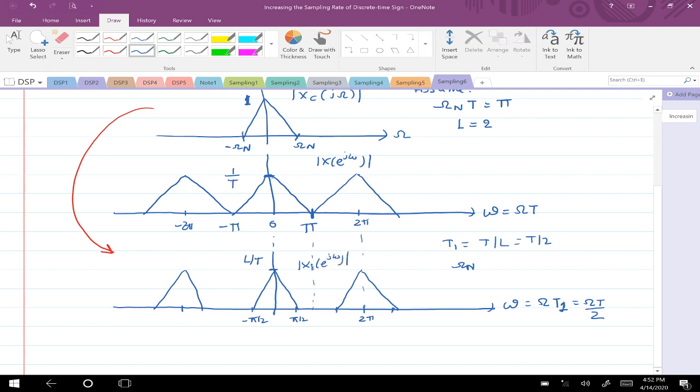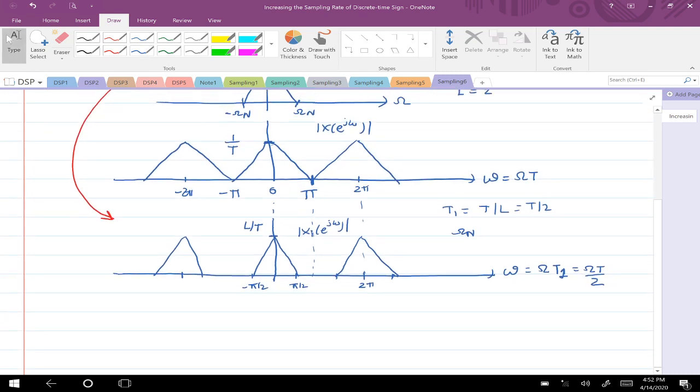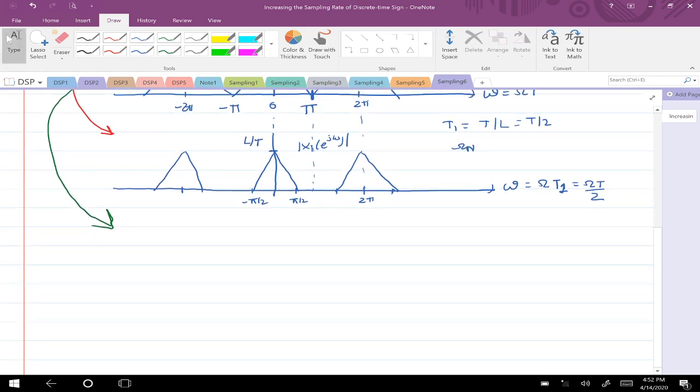Right. Now our goal is not to infer it from the continuous time domain, but rather try to infer it from X of e power j omega. That's what we'll do now. Let's do it in 2 steps here.